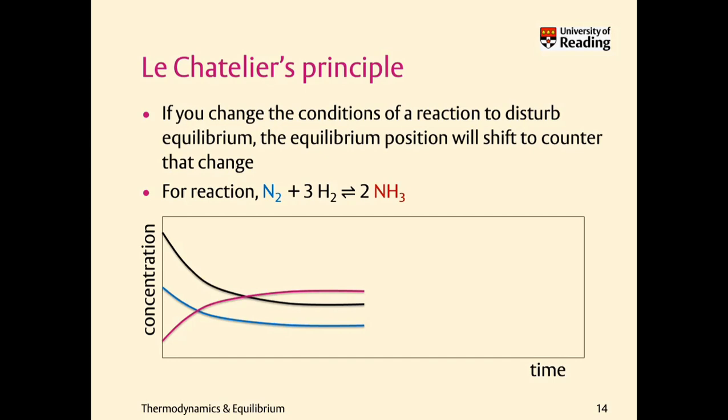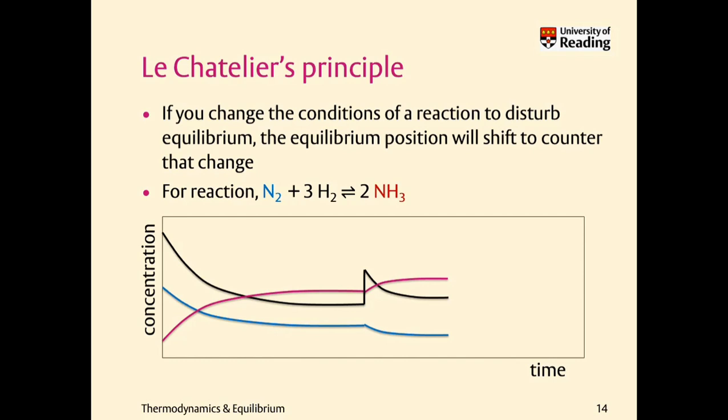What if you now add to the system more of one of the reactants? So here we're going to add to the system a higher concentration of hydrogen. This will alter the equilibrium, and now we'll get further reaction until equilibrium is re-established.